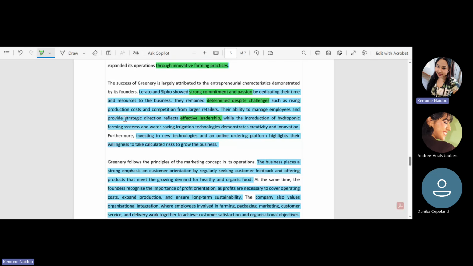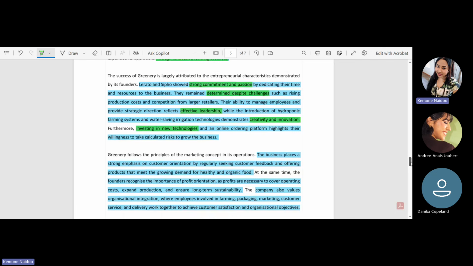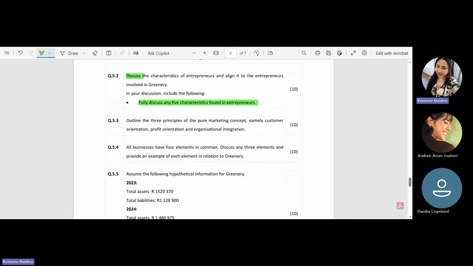So here they are providing direction. And then there's also creativity and innovation that's mentioned. And the willingness to take risks because they are investing in new technologies, which is risky for their business. So as you can see, already you have found 5 characteristics. Now, if you were to mention that in this question, you will have to mention those and then you'll have to elaborate.